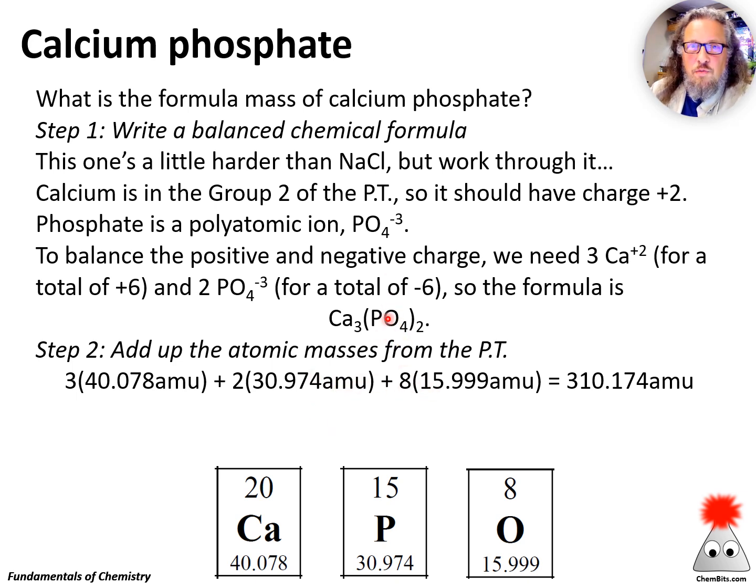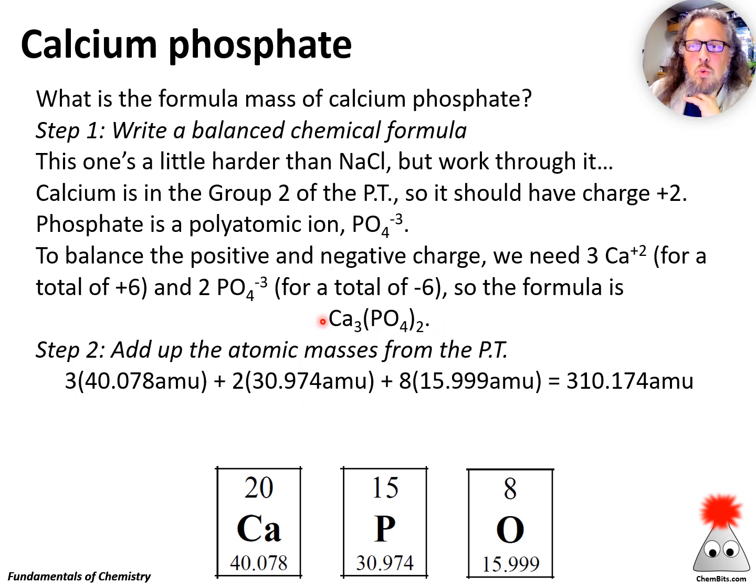Each phosphate is 4 oxygens. We've got 2 phosphates, so it's a total of 8 oxygens at 15.999 AMU. Add them up, 310.174 AMU.